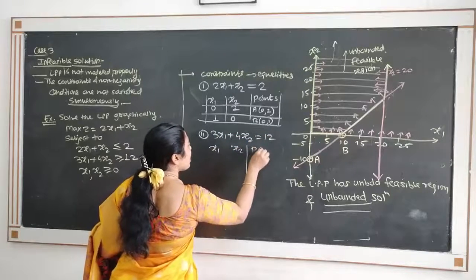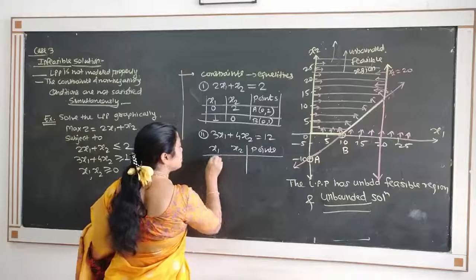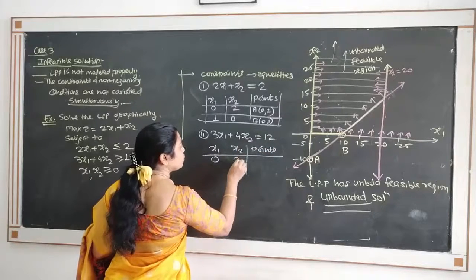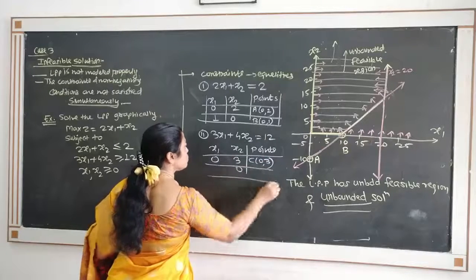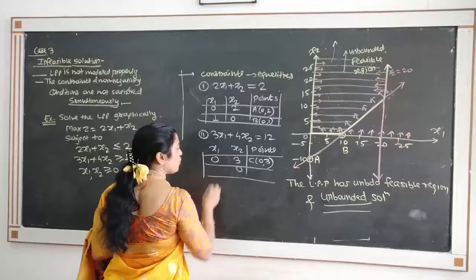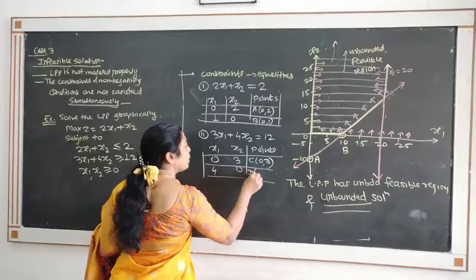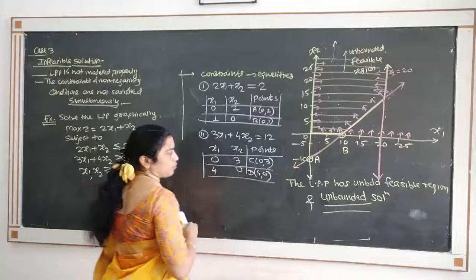When x1 is 0, x2 is equal to 3, so the C point is 0, 3. When x2 is equal to 0, 3x1 is equal to 12, so x1 is 4, the D point is 4, 0.